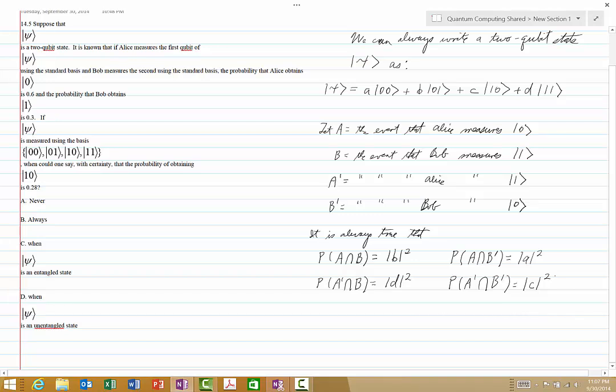So all of this is always true. But this information would help you with some of the other questions on Test 14.